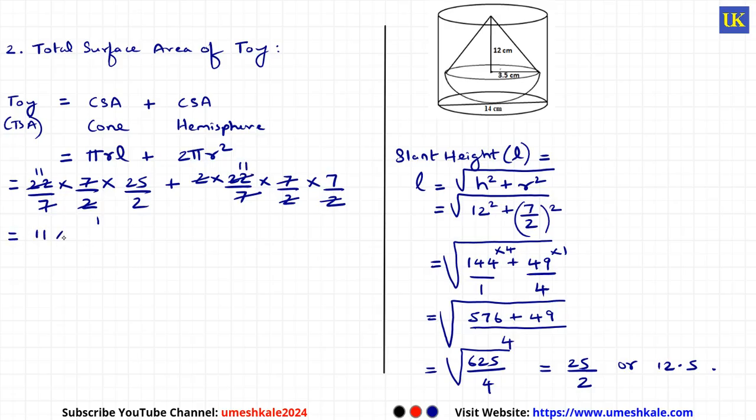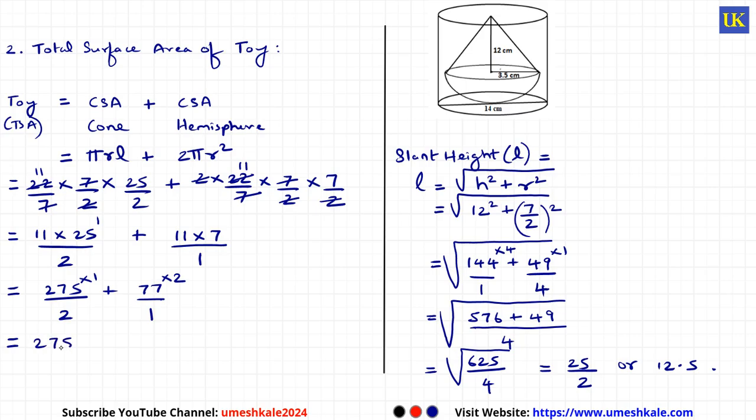So here 11 into 25 upon 2 is remaining, plus here 11 into 7 upon 1 is remaining. So here 275 upon 2 plus 77 upon 1. We'll find the LCM, into 2 and into 1. So 275 plus this will become 154 upon 2.